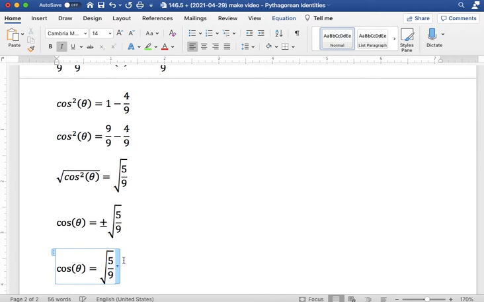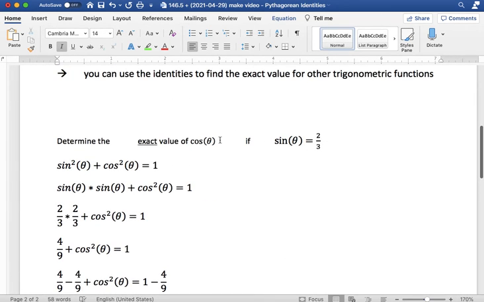You have this positive, or you have the same thing, but where the cosine is negative. So there you go. There's your exact answers for what cosine of theta would equal if sine of theta equals 2/3.